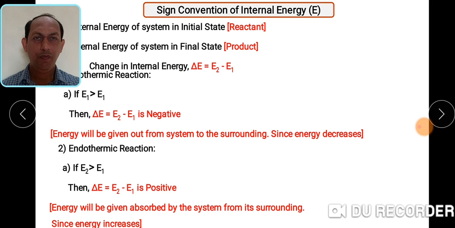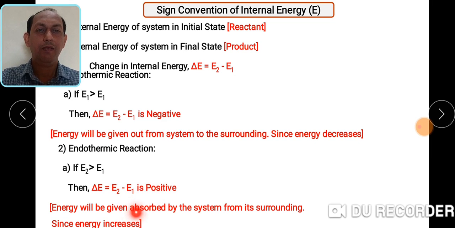Vice versa, if E2 is greater than E1, that is, this quantity is bigger than this one, suppose this is 20 and this is 10, so 20 minus 10 is 10. So it is a plus quantity. So we can say this particular factor is positive.